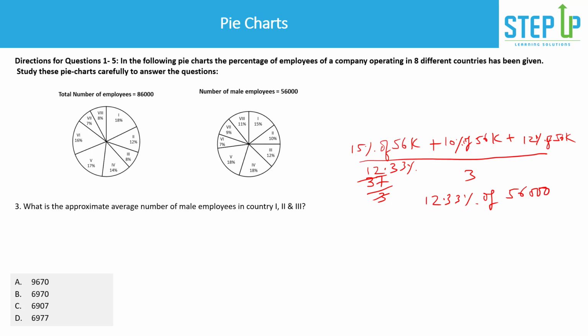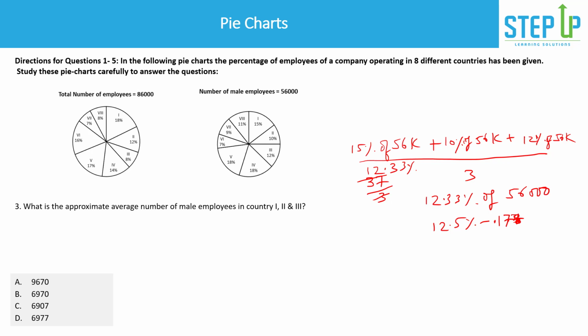So either you can now do this as 10 plus 1 plus 1 plus 0.33, or you can say this I can write as 12.5% minus 0.17%, sorry, right? If you reduce by 0.2, there will be 12.3.